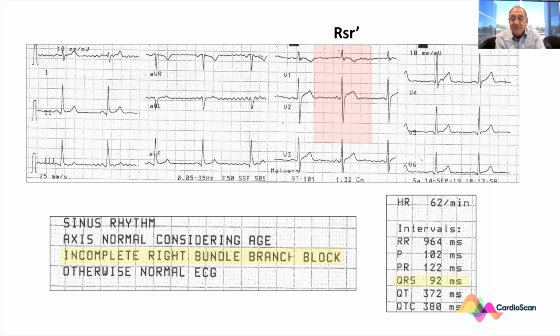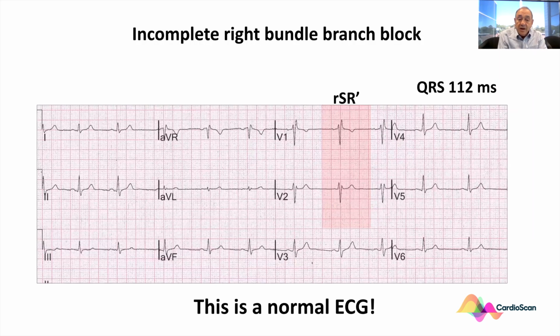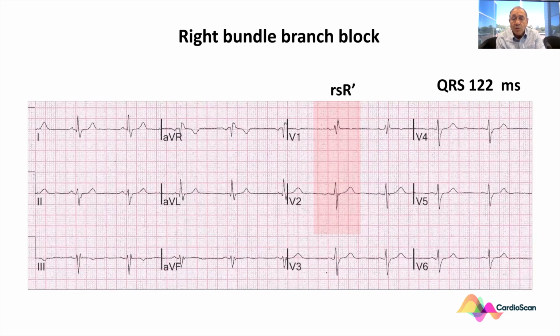So here is in fact an error in the way the ECG is interpreted by the ECG machine. Let's go a bit wider now, and we can see that QRS is 112 milliseconds and has this RSR prime, but otherwise completely normal. If it's normal, call it normal.